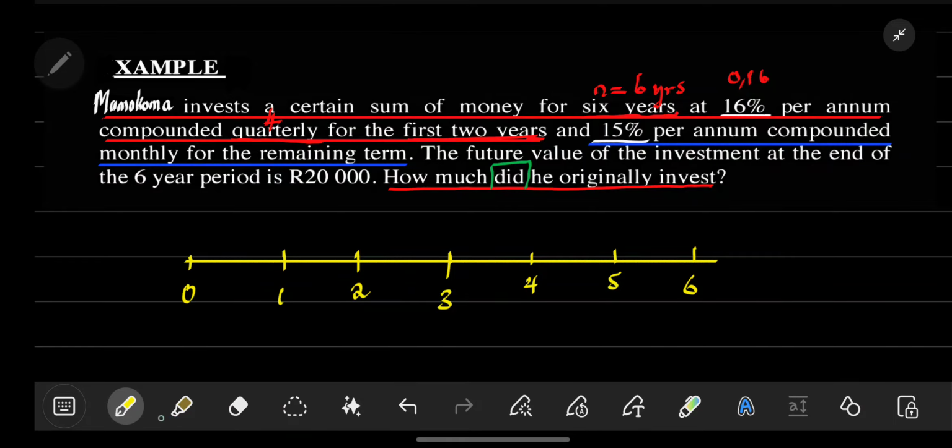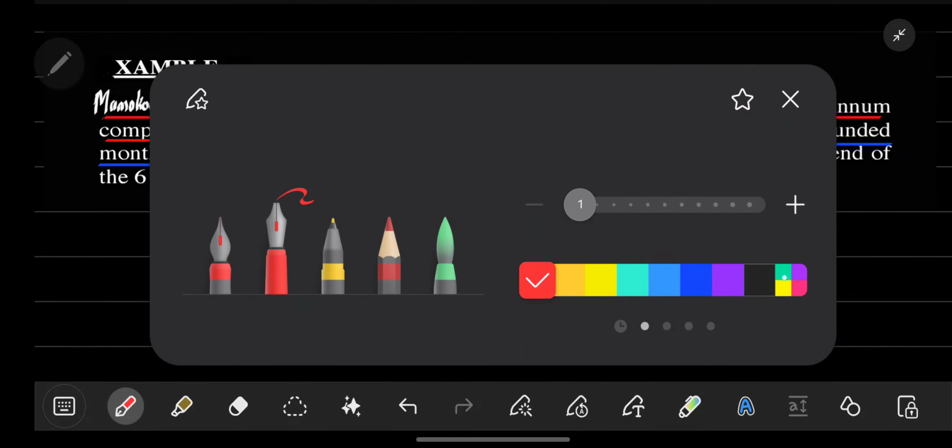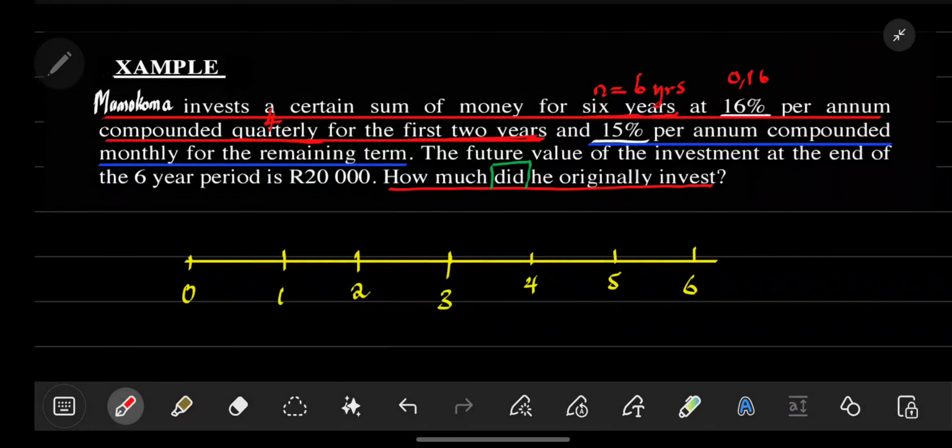So we will simply tell that the red transaction ran for 2 years. This is our red transaction. It ran for how long? It ran for 2 years. So you can tell that the interest rate there was 0.16, and it was compounded quarterly. Therefore, you will need to use it on this red transaction.